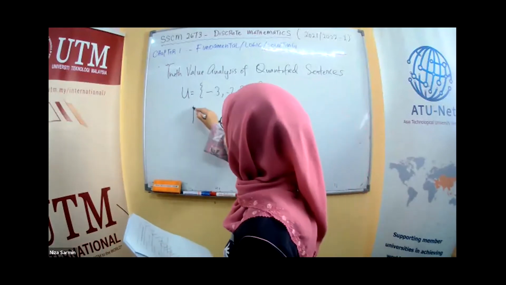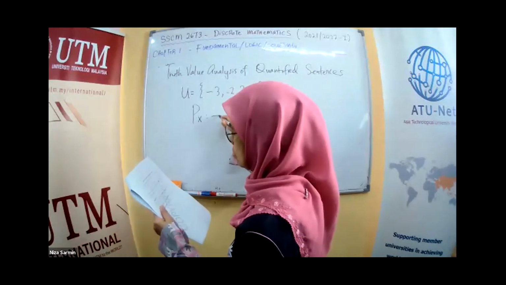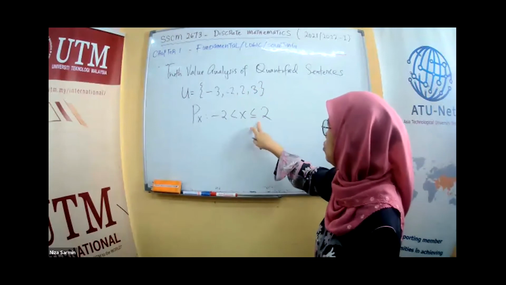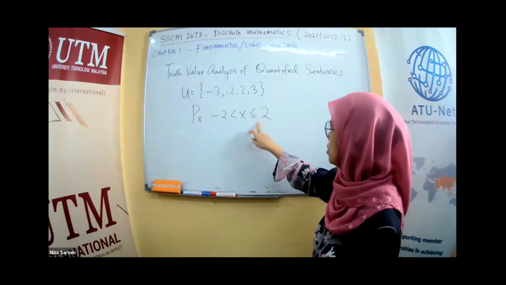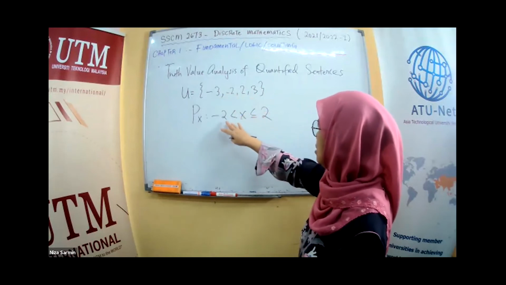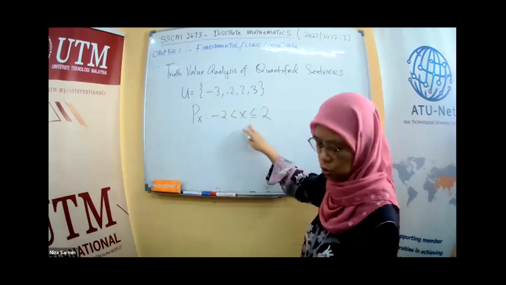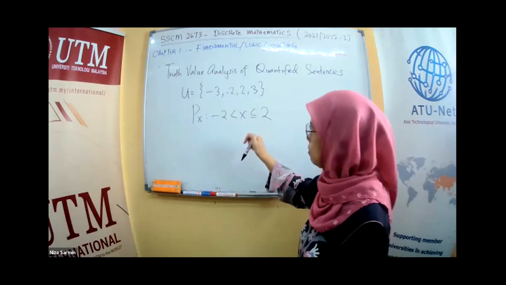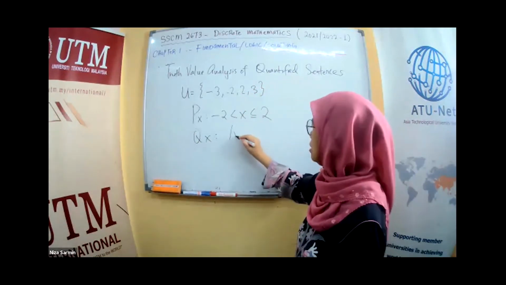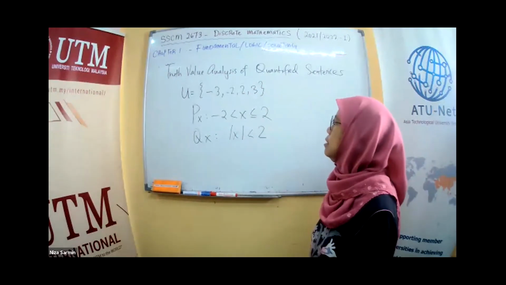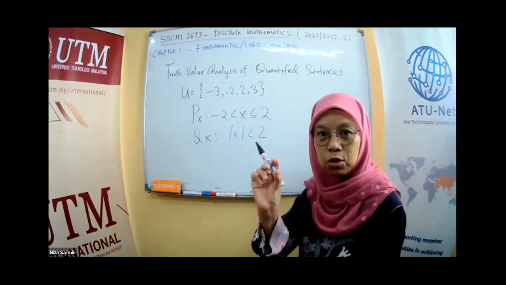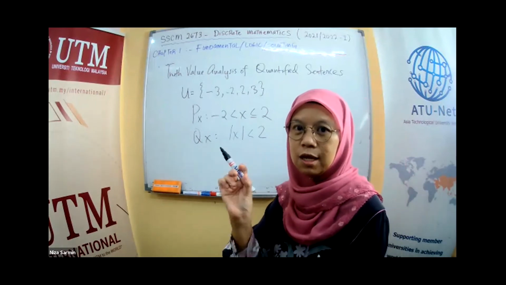So this is the statement. X is in between -2 and 2, and I want X to be from -2 up to and including 2. The universe might not cover all. Q(x) is that the absolute value of X is less than 2.